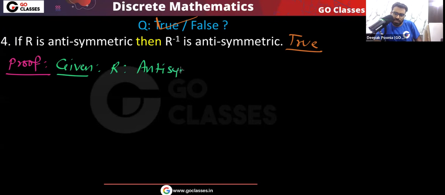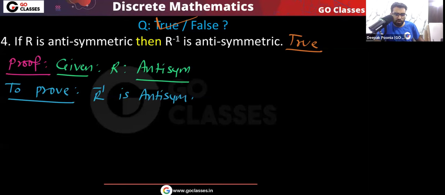R is antisymmetric. Now we need to prove that R inverse is antisymmetric.